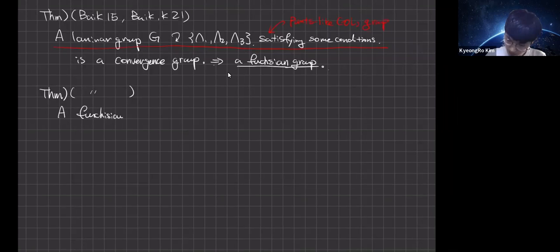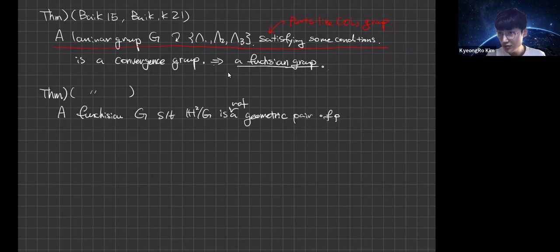So conversely, a Fuchsian group G such that the quotient, the associated space, is not very simple, is also a pants-like COL3 group.